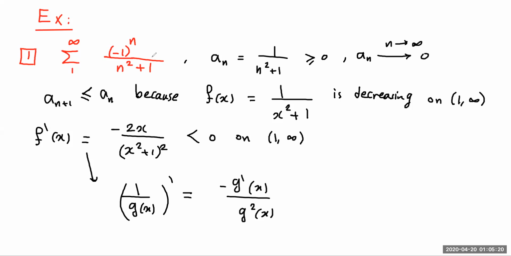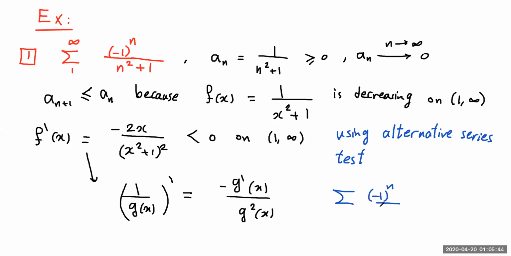Okay, so because all the conditions are satisfied, now using the alternating series test, sigma minus 1 power n over n power 2 plus 1 converges from 1 to infinity.